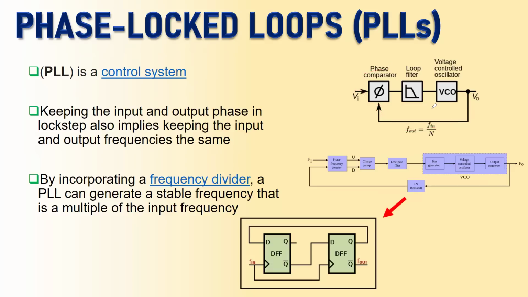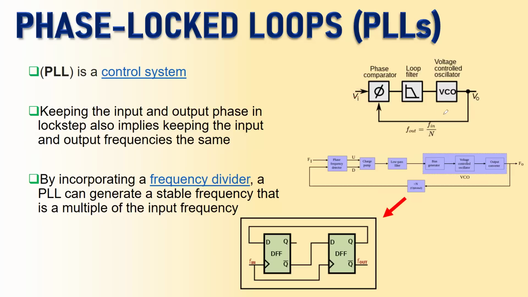Keeping the input and output phase in lockstep also means keeping the input and output frequencies the same. Again, I repeat, when you successfully manage to lock the phase of the VCO signal to the phase of the input signal, you also manage to lock to the frequency of the input signal.